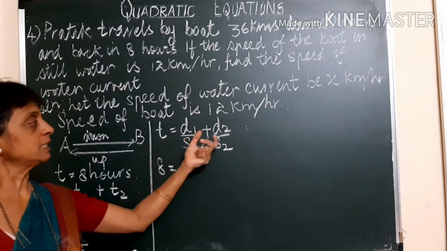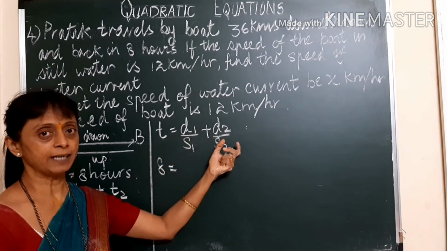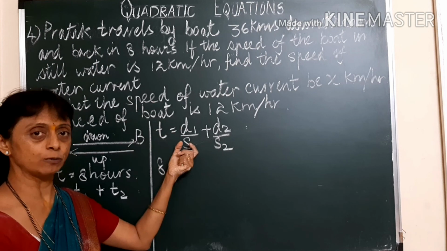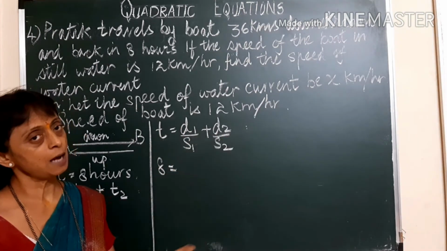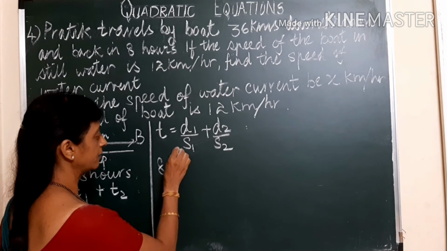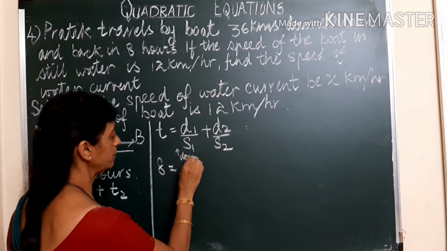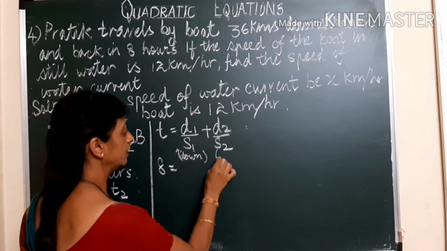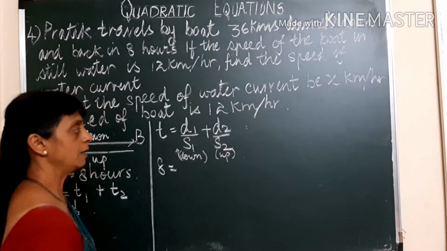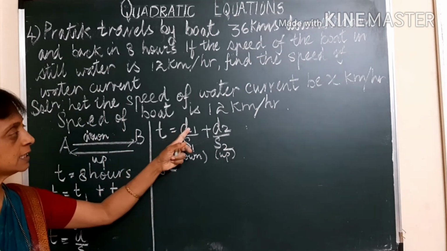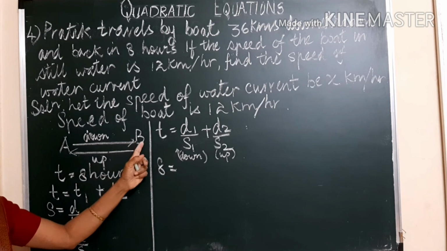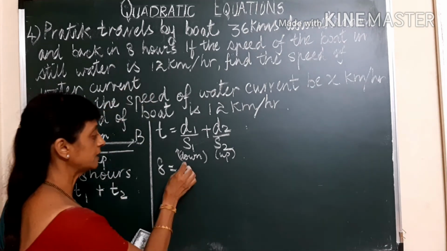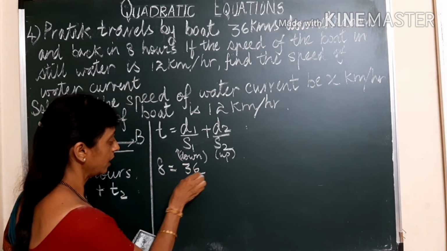Now, these two timings comprise of Pratik going downstream, Pratik coming upstream. So this can resemble downstream and over here upstream. Now, what is the distance when he goes downstream? It is 36 kilometers upon.